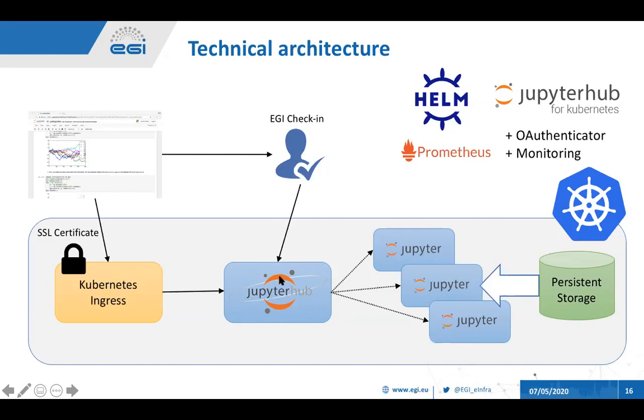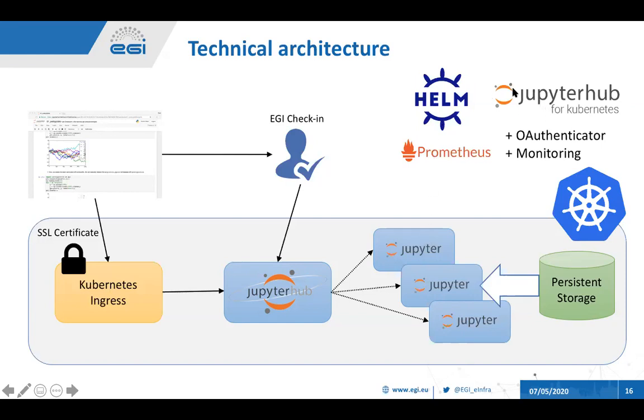And we have added more customization to do some monitoring, to check that things are live, and to add persistent storage based on NFS volumes in Kubernetes. We expose all of that with Kubernetes Ingress, which is just a reverse HTTP proxy, and add an SSL certificate to have security everywhere. And users just connect via the notebooks.egi.eu hostname, and that will redirect to the JupyterHub and to the different servers.